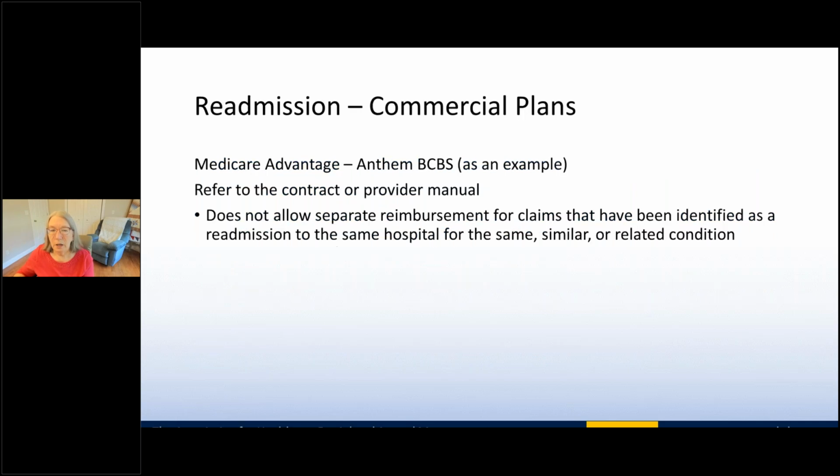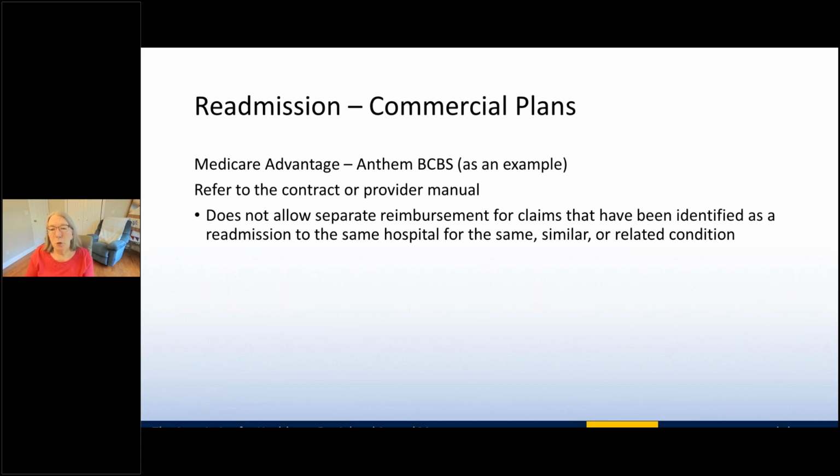So in essence, traditional fee-for-service Medicare is not issuing denials at the time the patient is readmitted, so we're not appealing traditional Medicare readmissions. What we're appealing is everything else, which I'm going to call the commercial plans, which includes Medicare Advantage and Medicaid Advantage, not traditional Medicaid, which is going to be up to your state.